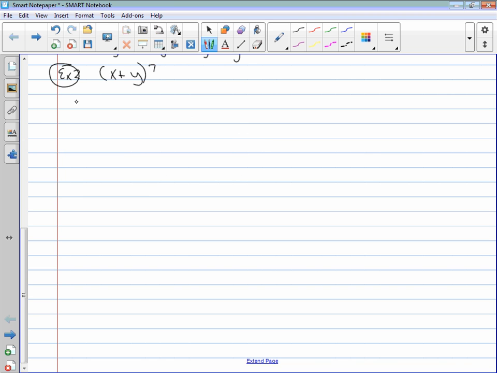I'm going to give each one of these three pieces a blank. Oh, I get it. How do you know if the first variable is going to go all the way down? Well, let's do this first and then see.